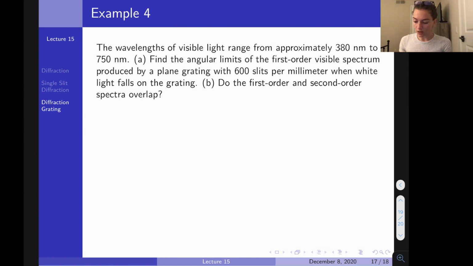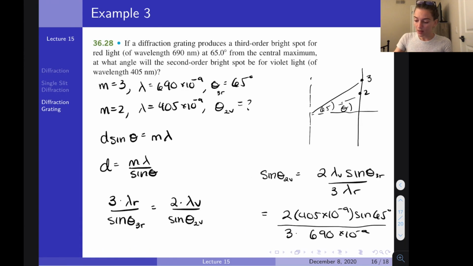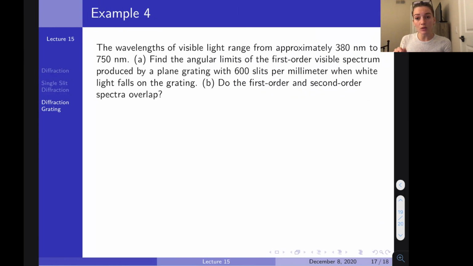Now, as we just saw in our previous example, since red and violet light have different wavelengths, they're going to diffract differently. So in the full notes, when I upload the slides, I'll include a picture of what I'm talking about. I forgot to include it here. But basically what you'll see, instead of just seeing a central maximum with a couple of bright spots on either side, is the central maximum with rainbow colored bright spots on either side, because the red and violet light diffracts differently.